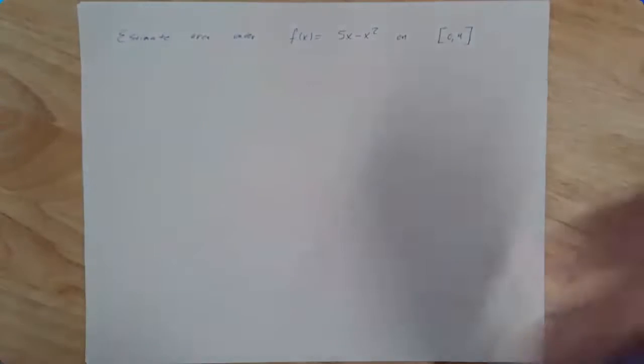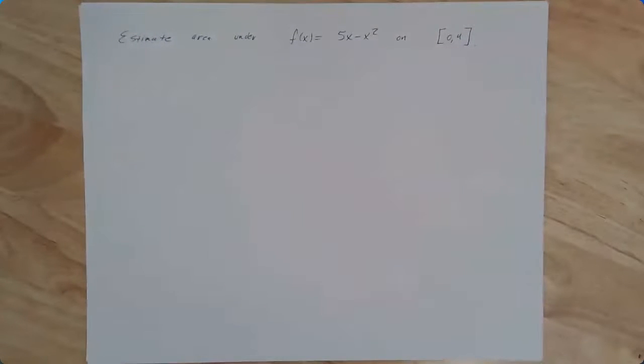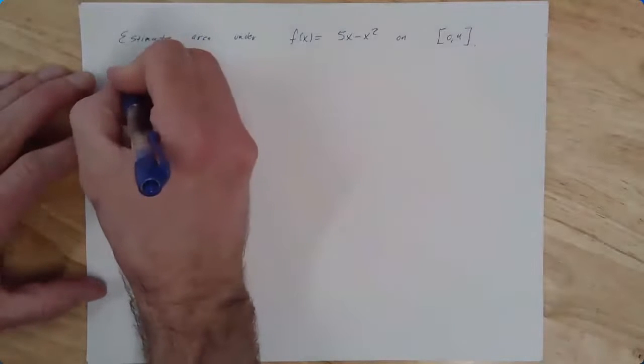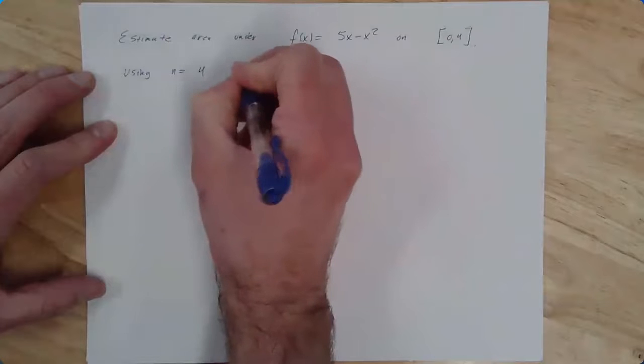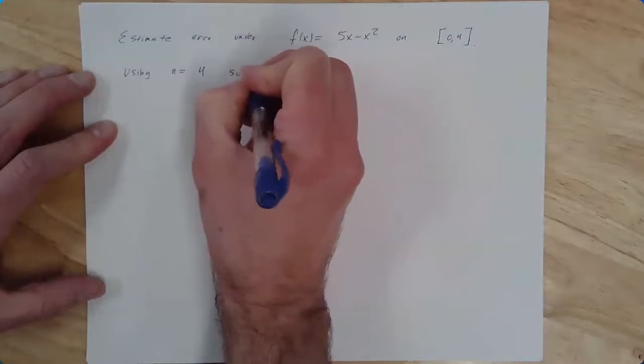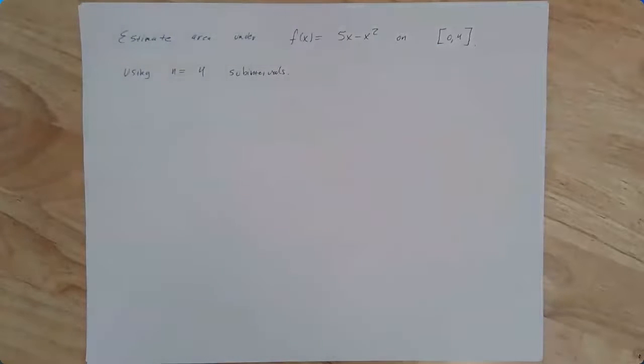Again, we're trying to make our life easy. We're going to use n equal to 4 subintervals, and we'll start off first using right endpoints.